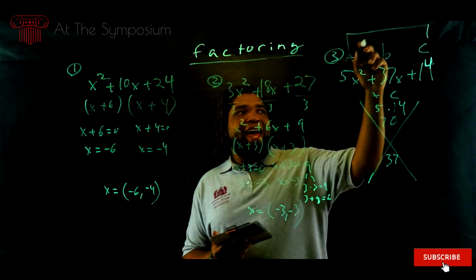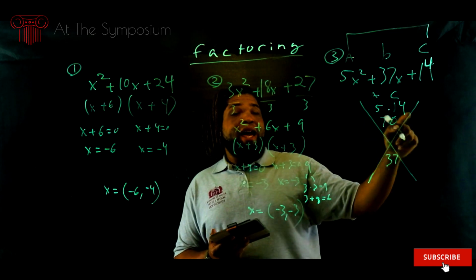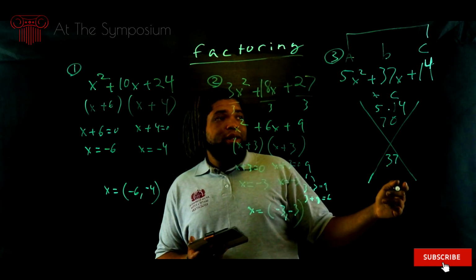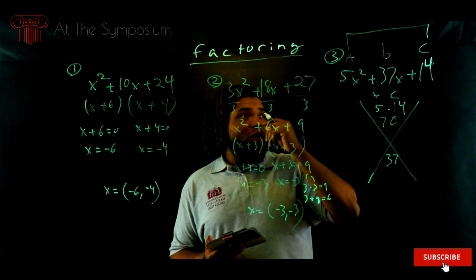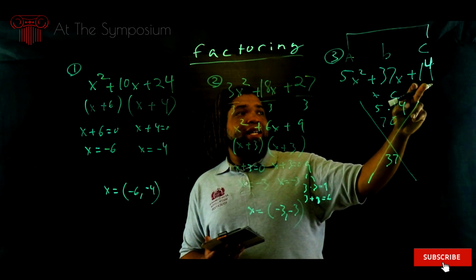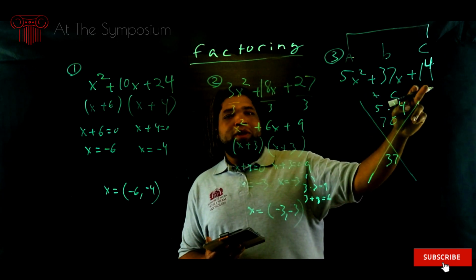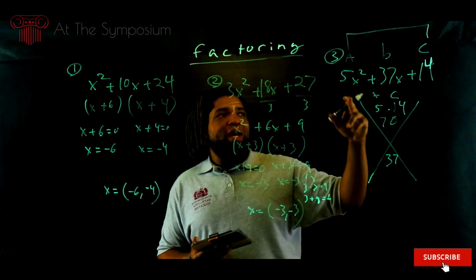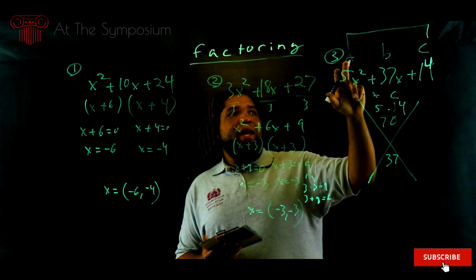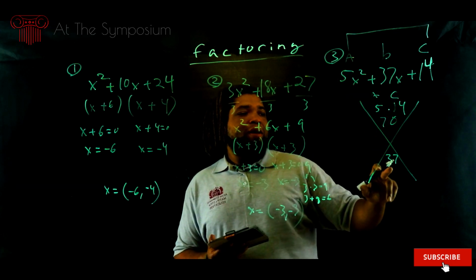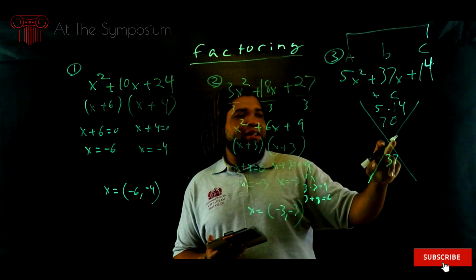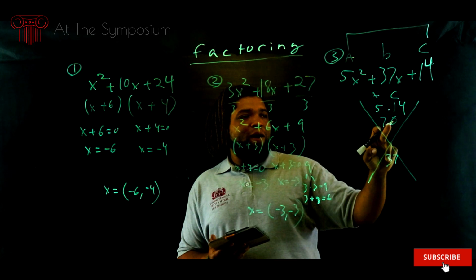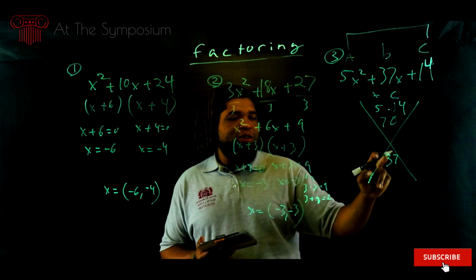So we've multiplied A and C to give us a new number to ask the same sort of question. So instead of asking what number goes into 14, that would give us 37, because 14 is too small to give us any number that would add up to 37. So we have to go higher. So we multiply A and C, and that gives us a larger number. Now we can ask the question, what do we multiply 70 by to give us 37?